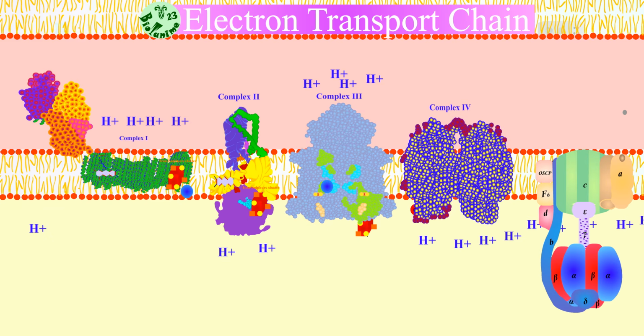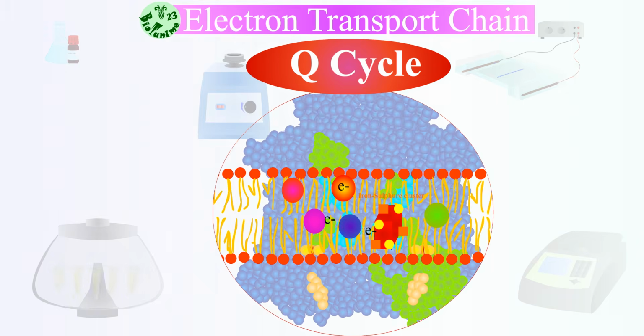This regenerated ubiquinol then rejoins the coenzyme Q pool and can participate in another cycle. The purpose of the Q cycle is to efficiently transfer electrons from ubiquinol, which carries 2 electrons, to cytochrome C, which can carry only 1 electron at a time, while simultaneously contributing to the proton gradient required for ATP synthesis.